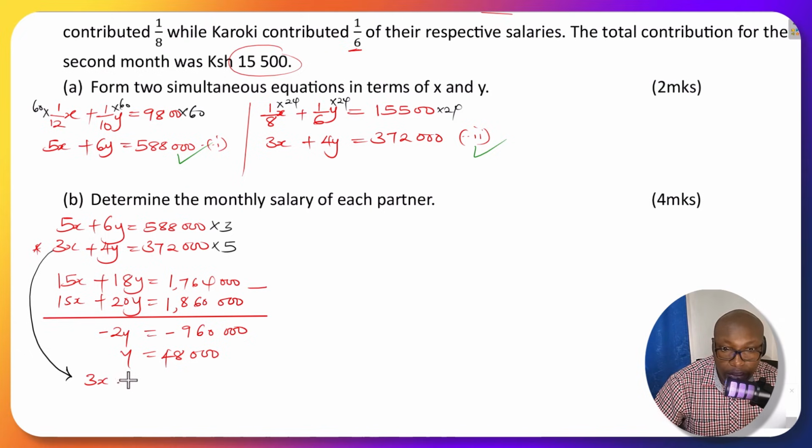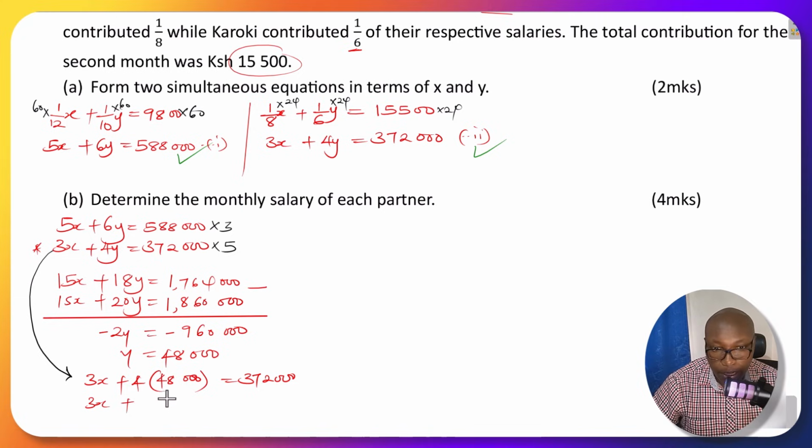So we have 3x plus 4, then y is 48,000, and this gives 372,000, like that. So this will give 3x plus 48 multiplied by 4, that will give 182,000, is equals to 372,000.